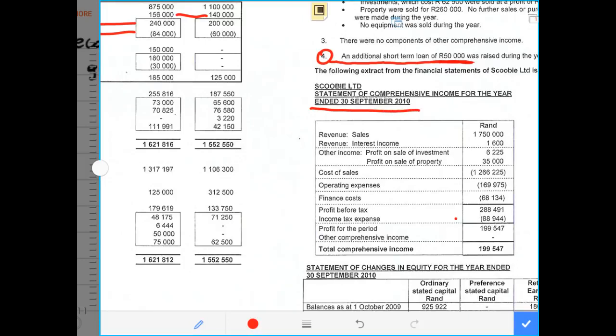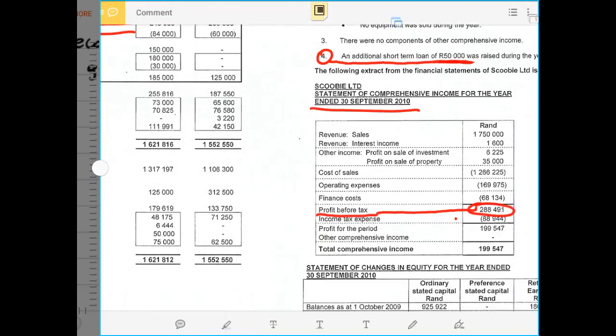Our income statement is made of revenue from sales up to the total comprehensive income. And there in the middle, we have our profit before tax, which amounted to 288,491. That is the profit before tax in the income statement that we see below there. So now that will be useful when we are doing the reconciliation note.